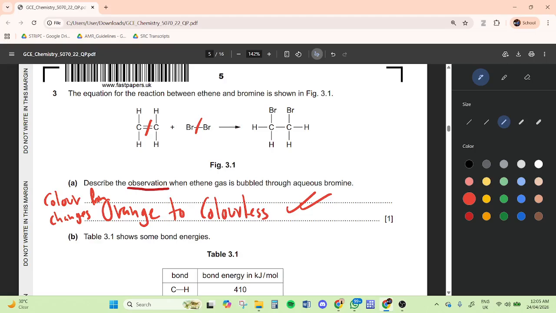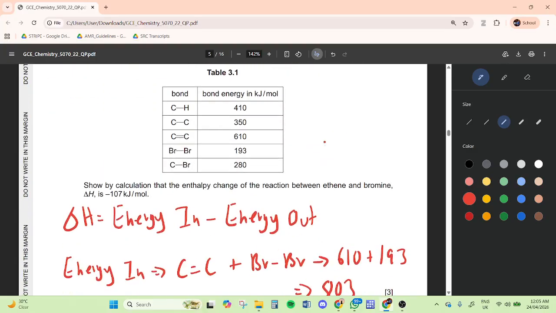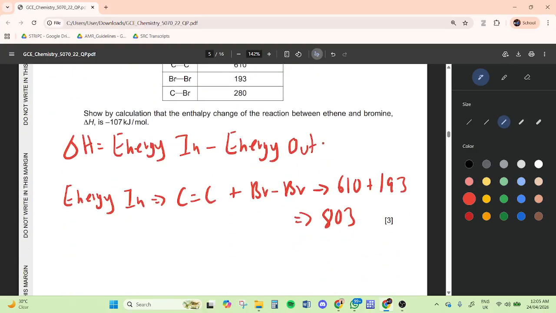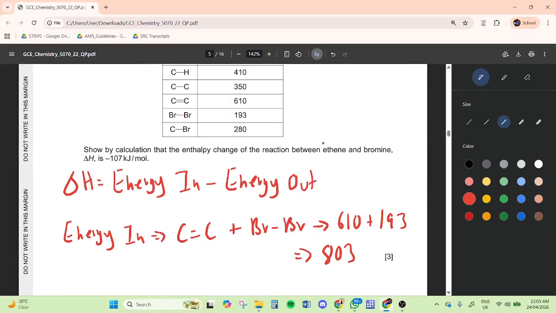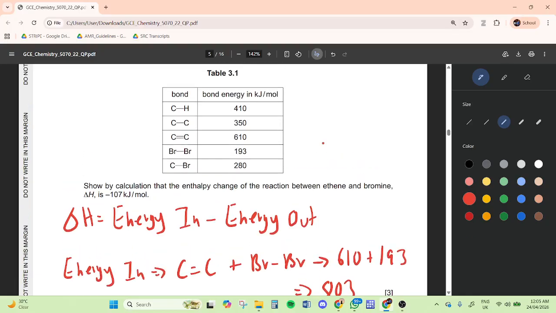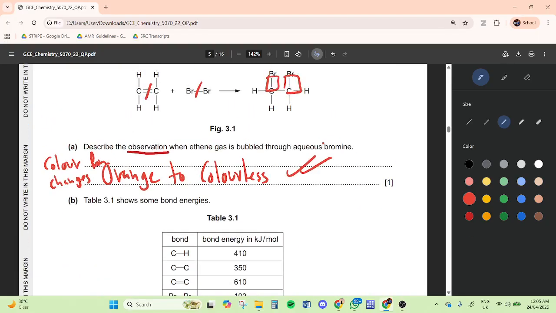On the contrary, energy out is the energy produced when you're forming new bonds. So the two new bonds that are forming are the carbon-bromine over here and the carbon-bromine over here. So energy out is going to be, we also have a carbon-carbon single bond forming.